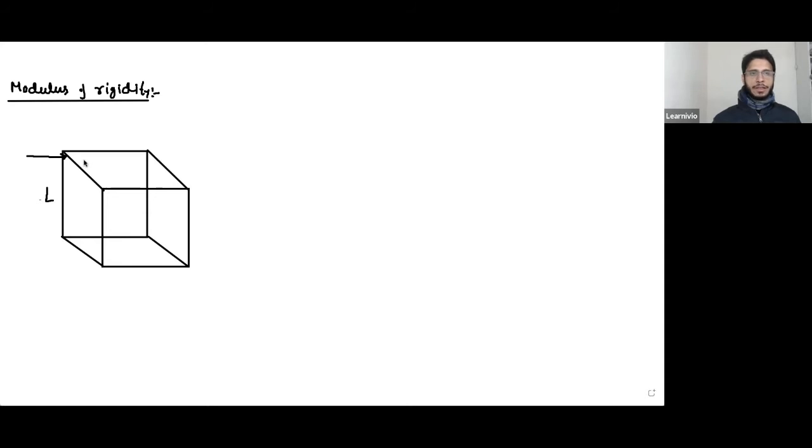There's a possibility that this face gets shifted. It can shift this way. This face gets shifted. Not here. This will shift in this direction.